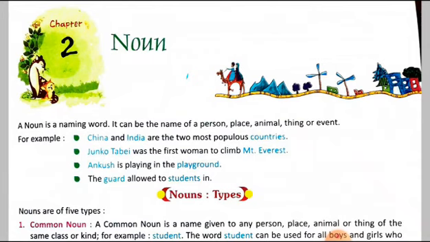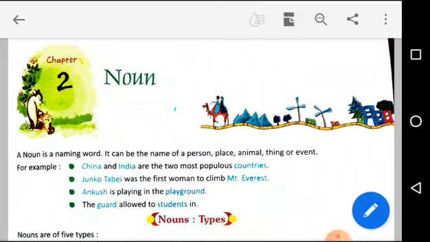Here in these sentences, as you can see on the screen: China and India are the two most popular countries. Janko Tabe was the first woman to climb Mount Everest. Ankush is playing in the playground. Here China, India, countries, Janko Tabe, woman, Mount Everest, Ankush and playground are nouns.